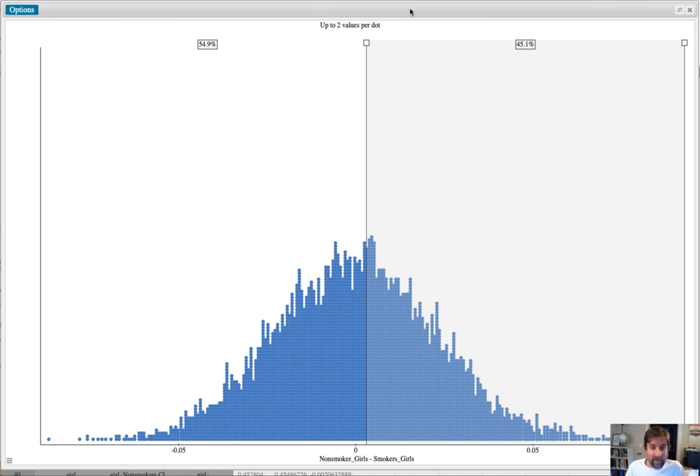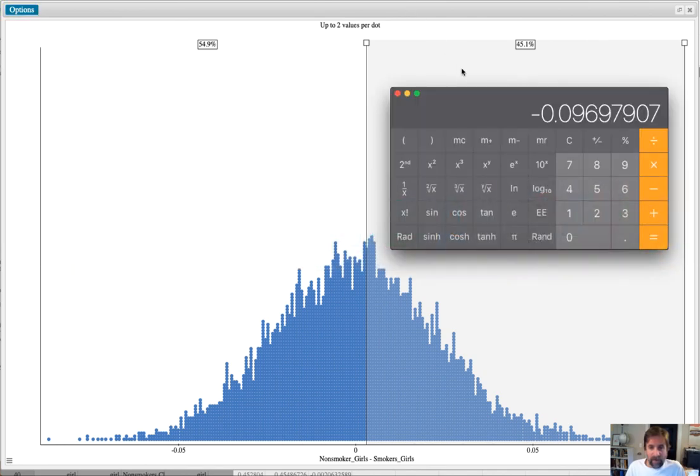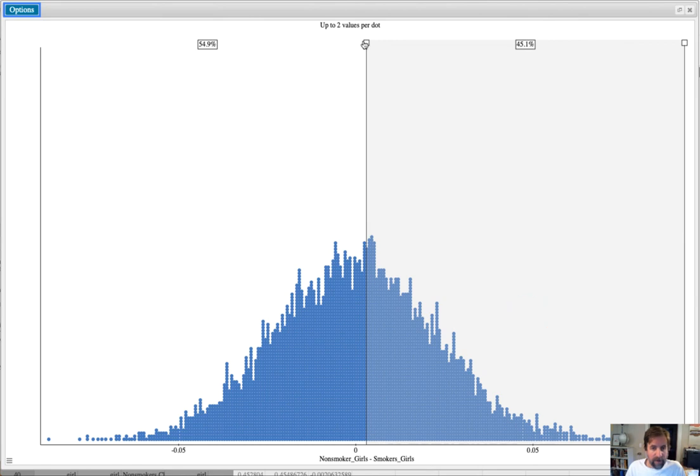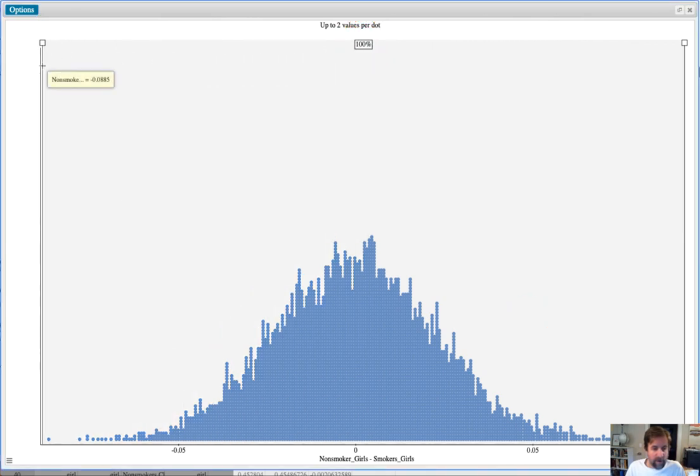What you might notice is that this special number, negative 0.09697907, doesn't even appear down here. The smallest number we have is a difference of negative 0.0867775783. The observed difference isn't even in the sampling distribution.